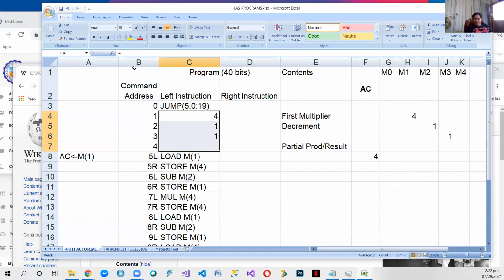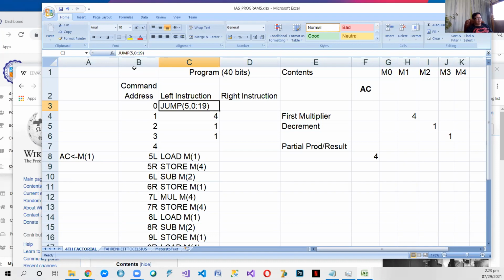Kung till 7, ano, dili 0 to 7? This one 0 to 7, because the address of left is 0 to 19. There are 20 bits. Do you follow? So 0 to 19 is 20. 20 to 39 is another 20.